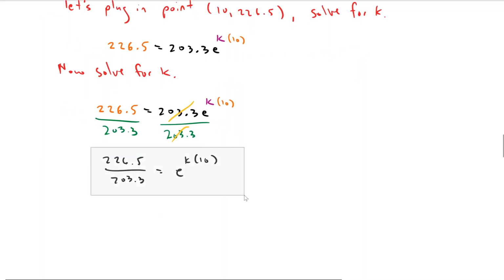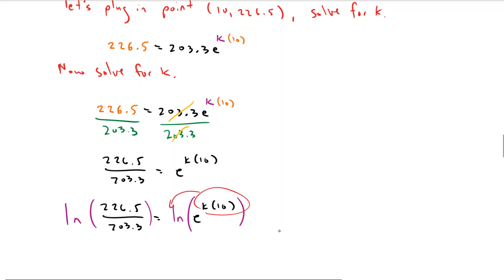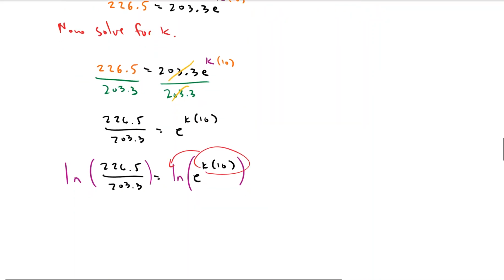Well, we need to get the k and the 10 out of the exponent. A great way that we have done this in the past, if you've been watching my algebra videos, is we've taken the ln of both sides. So why don't we try that here? If we take the natural log of both sides, our log rules allow us to take the k and the 10 out front.